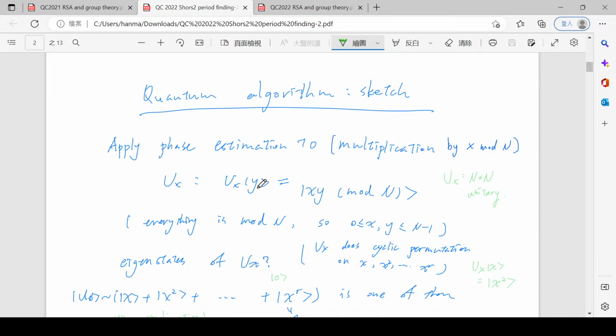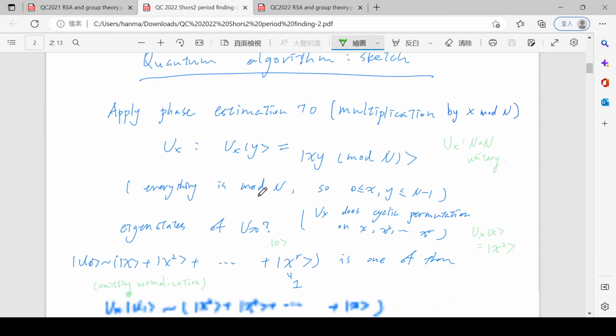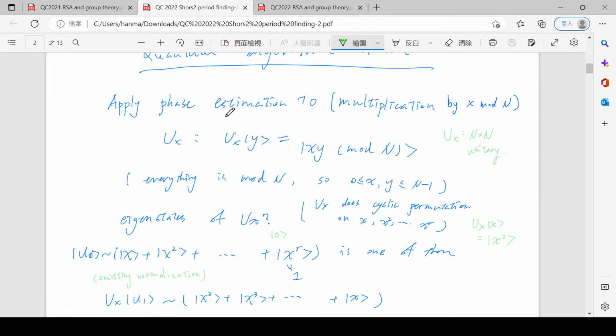This just turns a computational state y to another computational state xy, but everything is modulo n. So this part is some bigger dimensional thing. Anyway, you have this unitary U_x.